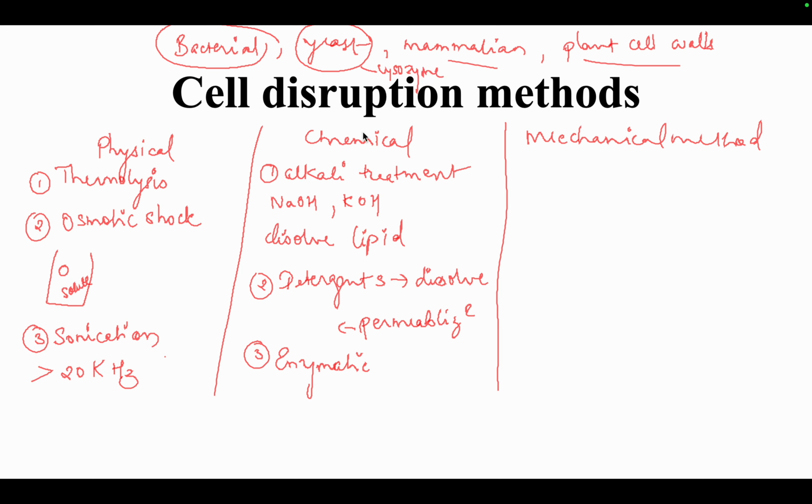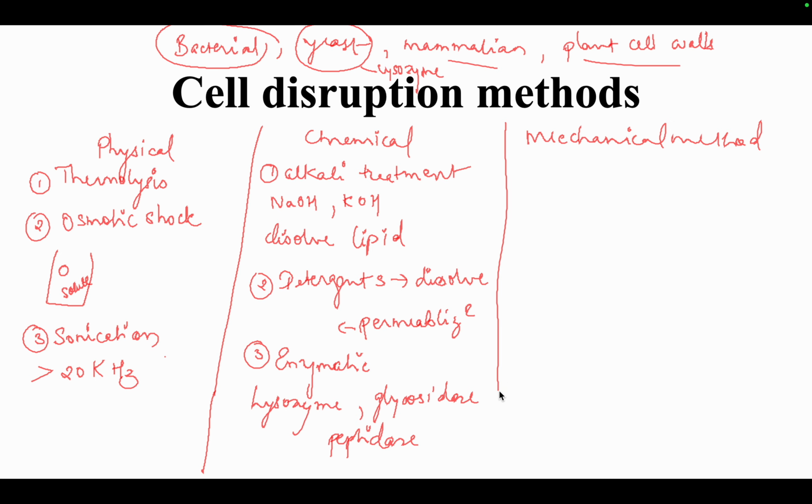Lysozyme will break open the cell wall. Lysozyme and other enzymes like glycosidases, peptidases, etc. will act on the cell wall and break open the cell wall or plasma membrane both.